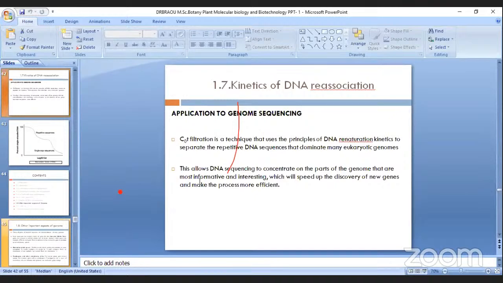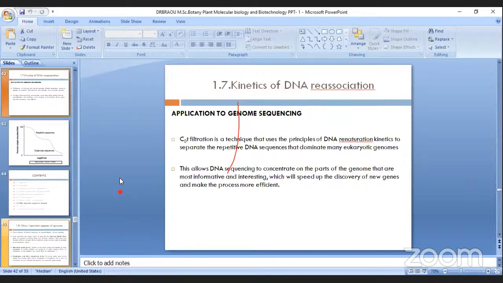Application: application of this to genome sequencing. COT filtration is a technique which uses the principle of DNA renaturation kinetics, which we have seen, and it is used to separate the repetitive DNA sequences. This allows DNA sequencing to concentrate on the parts of the genome that are more informative and interesting.